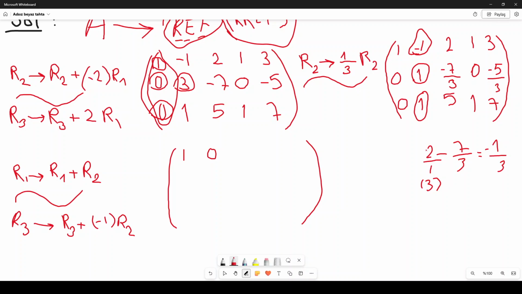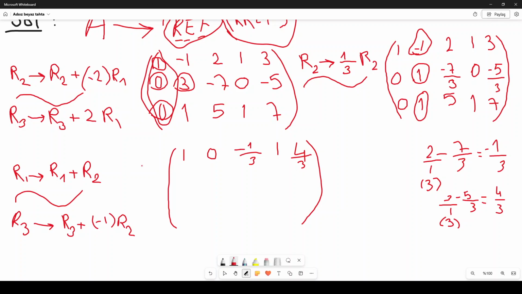Because 3 times 2 is equal to 6. 6 minus 7 is minus 1. So minus 1 over 3. This is 1. And 3 minus 5 over 3. And again the same, the denominator is 3 here. So I put the denominator. Hidden denominator is 1, 9. 3 times 3, 9. Minus 5, it's nothing but 4 over 3. So now we have 4 over 3 here.